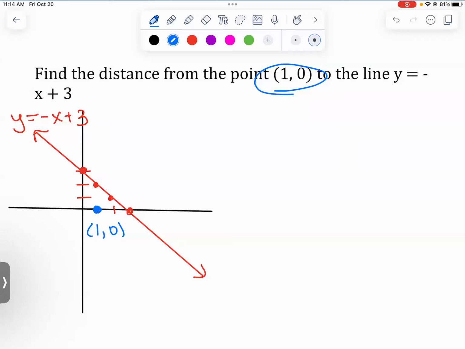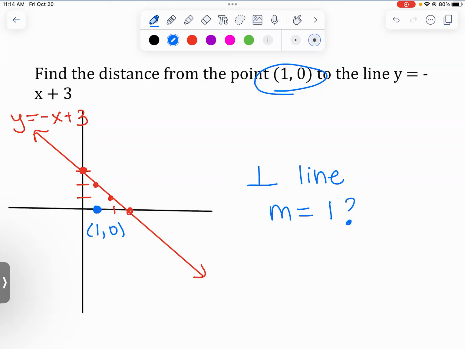What did you tell me about the line we need to draw? It needs to be perpendicular. So the perpendicular line that we're going to draw is going to have a slope of what? 1.